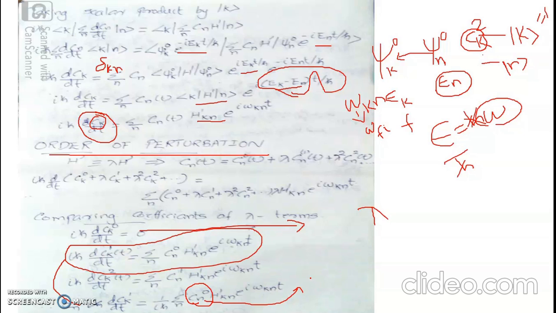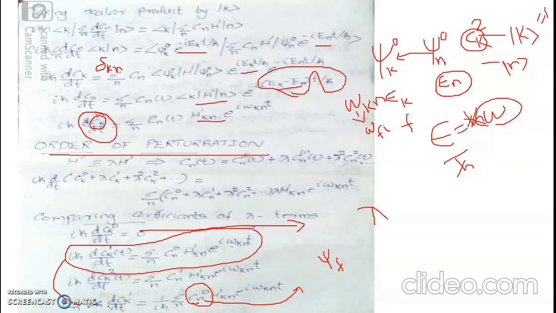As a consequence of this interaction, it undergoes a transition to an eigenstate, say psi k0, another permitted quantum state to which the transition occurs. That is the final quantum state. So now this is a one-to-one relationship between an initial quantum state psi n0 and a final quantum state psi k0.